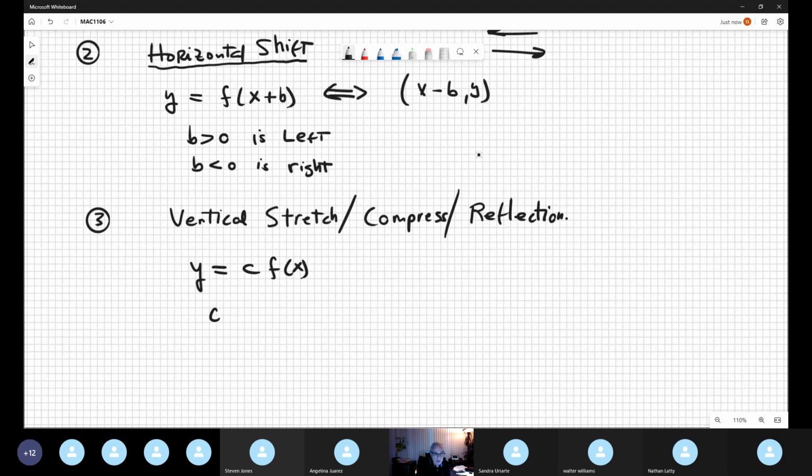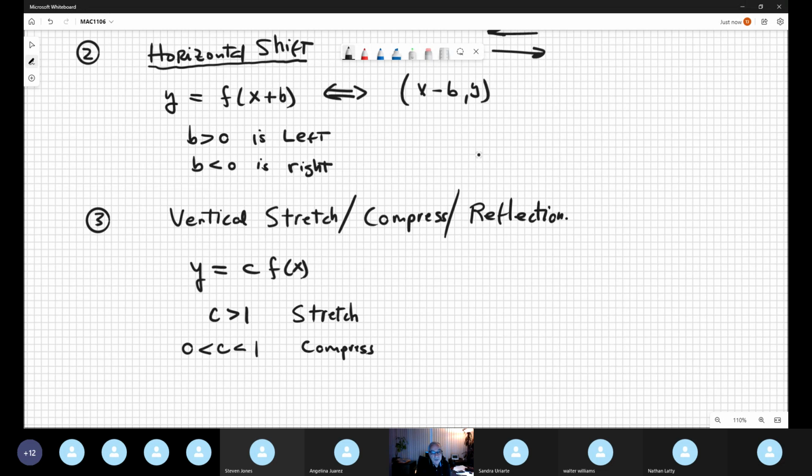If c is a number greater than 1, so 2, 3, 4, 5, 2.5, it's obvious that you stretch. Stretch means that you enlarge vertically in the y direction. Multiply by 2 times, 3 times, 4 times. However, if c is between 0 and 1, it is compressed.